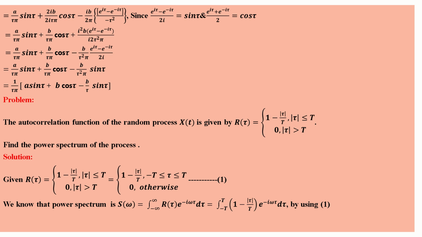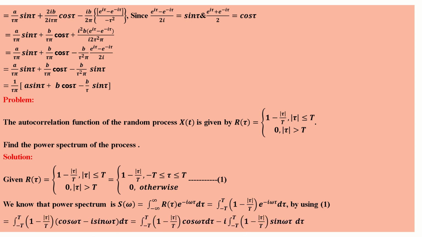So that is equal to integral from minus T to plus T of 1 minus mod tau by T times cos omega tau minus i sin omega tau d tau, because e power minus i omega tau is equal to cos minus i sin, which is equal to integral from minus T to plus T of 1 minus mod tau by T cos omega tau d tau minus i integral from minus T to plus T of 1 minus mod tau by T sin omega tau d tau.